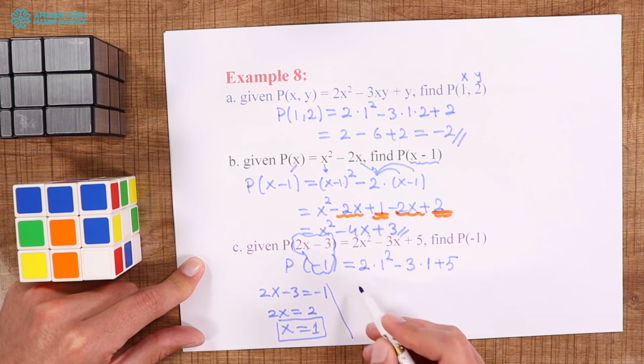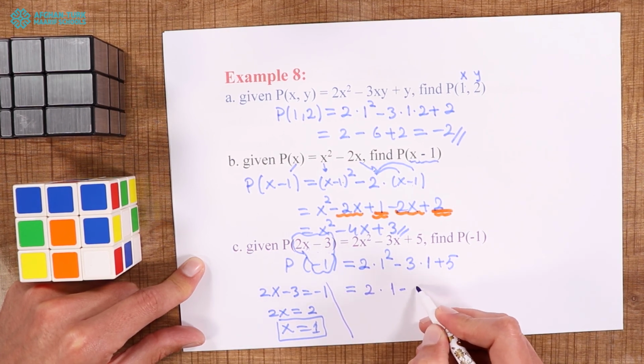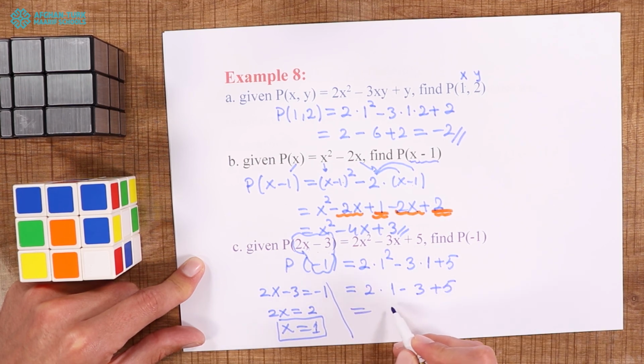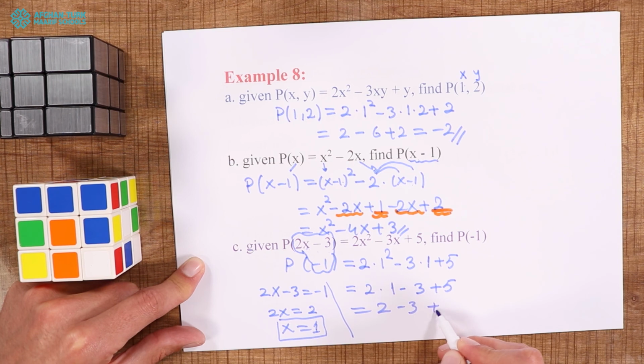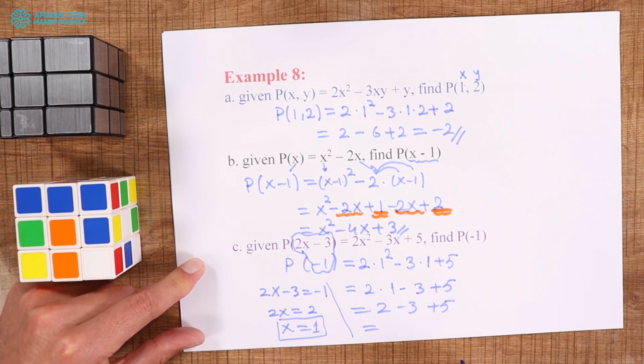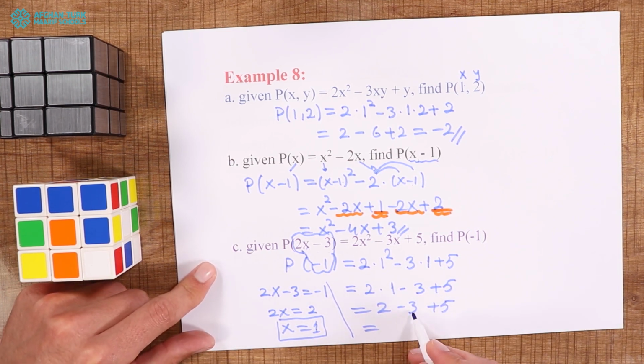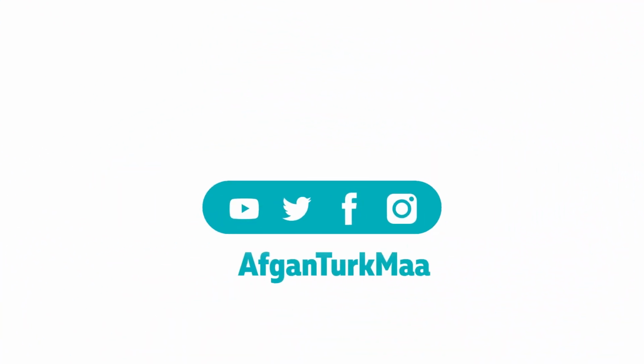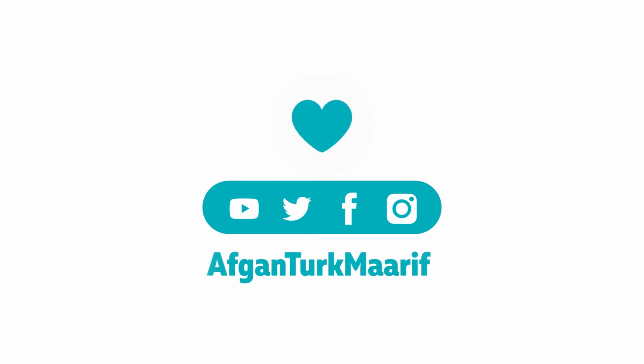So as a result p of minus 1 will be 2 times 1 minus 3 plus 5. 2 times 1 is 2 minus 3 plus 5, and this will be minus 1 plus 5, which is equal to plus 4. So that's all for this video. In the next video we will talk about other issues.